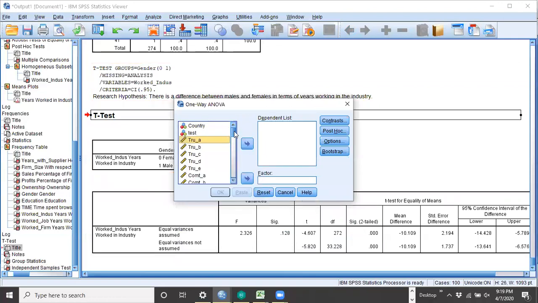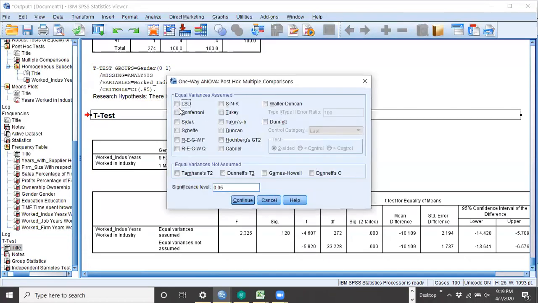Let's just use education as our factor, and worked in the industry as our dependent variable. I will just do post hoc, and I'll just do, let's say, Bonferroni and maybe Tukey, Tamhane. Again, I assume you know what you're doing.